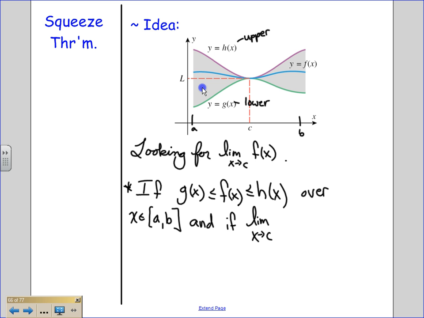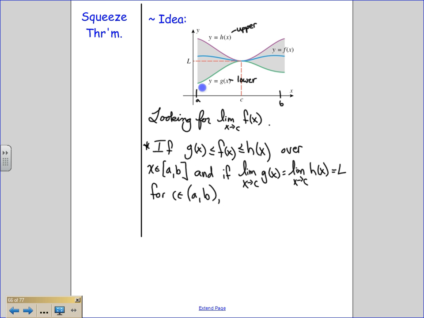So if f is being squeezed between g and h, in the sense that one's always below, one's always above, and the two converge at x equals c, which can also be shown as the limit of g is the same as the limit of h, then the limit as x approaches c of f of x is equal to that constant as well.